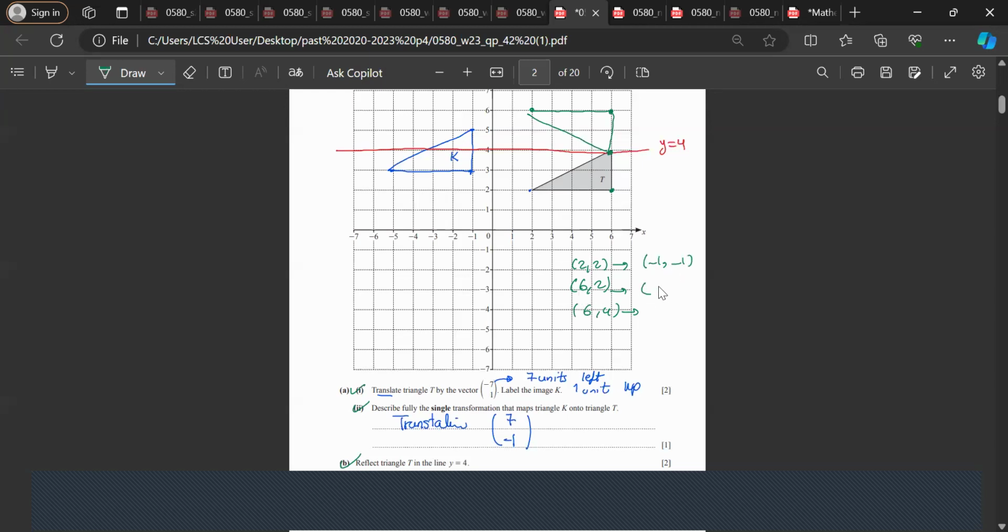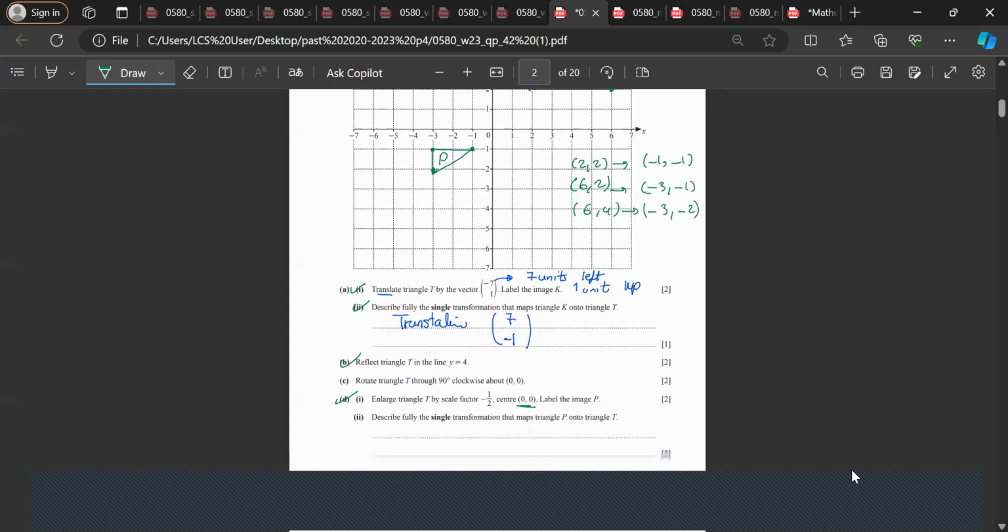Multiply by -1/2, -3, -1. Multiply by -1/2, -3, -2. Then locate them. (-1, -1) here. (-3, -1) here. (-3, -2) here. Draw it like this and name it B. Finish.